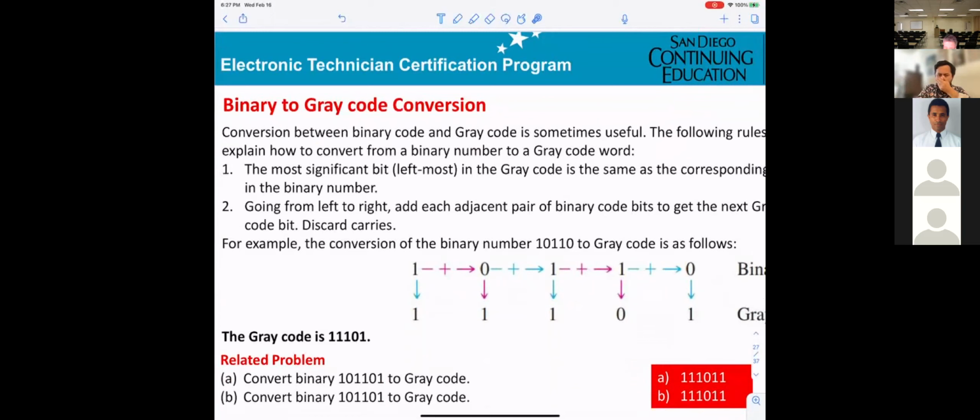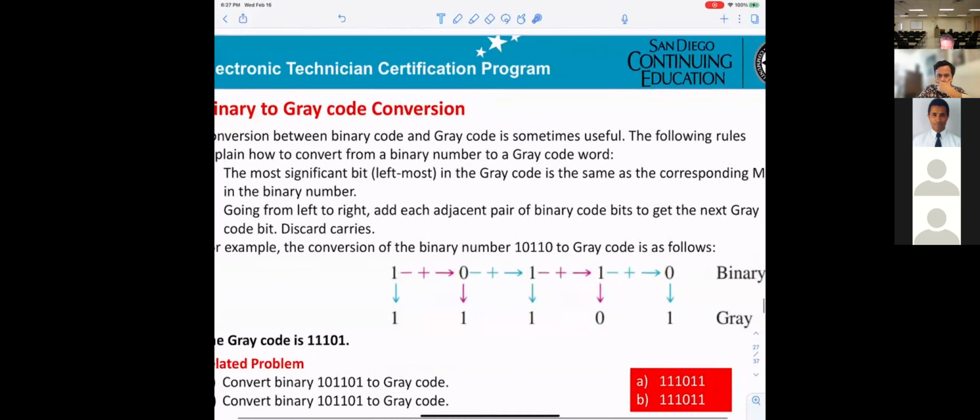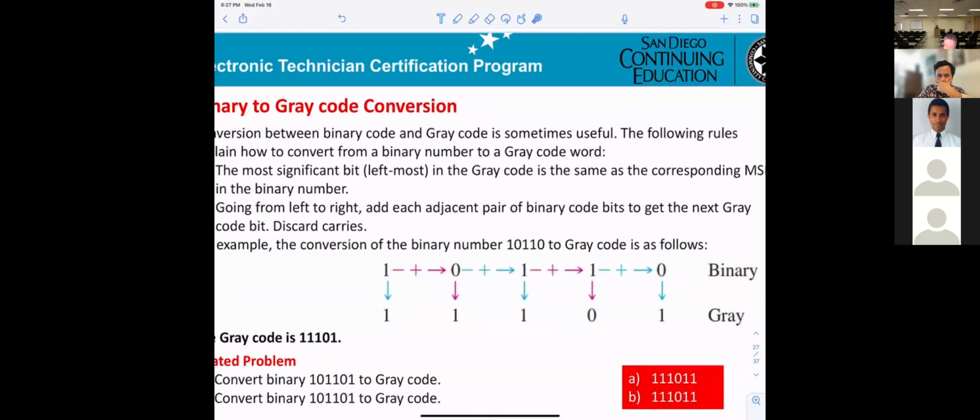You get a binary 1, 0, 1, 1, 0. To get the gray code, first thing, 1 here, bring it out here. Okay? And 1 adding to 0, you get 1. 0 adding to 1, you get 1. 1 adding to 1, you get 0. We're not using carry, no carry. 1 adding to 0, you get 1.